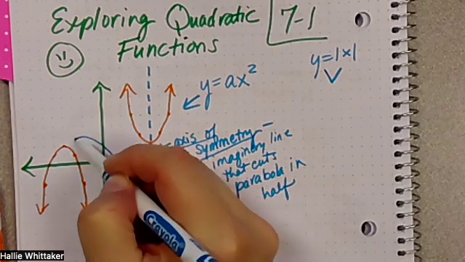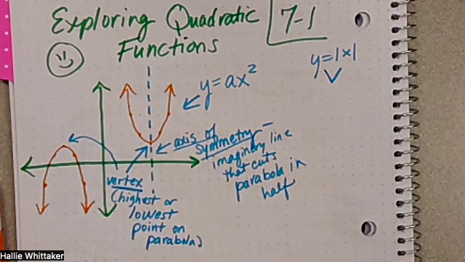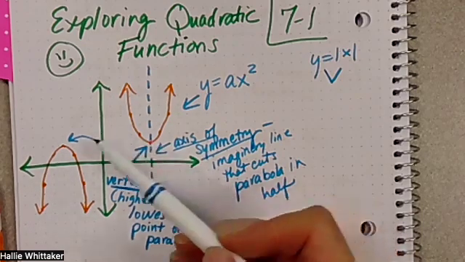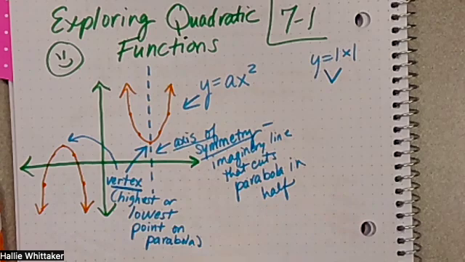But for this one, it's going to be the highest point. So I'll let you get the definition down first. Okay, I think I'm going to let that sink in and attack it more in a minute. So know that your vertex for a parabola is either your lowest or your highest point on the parabola.